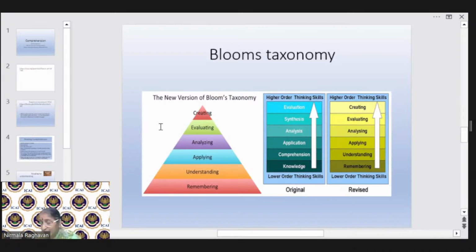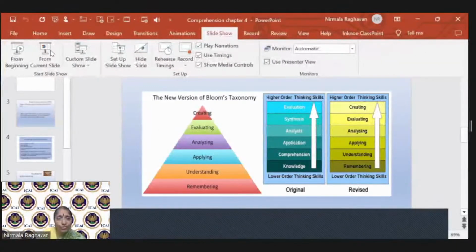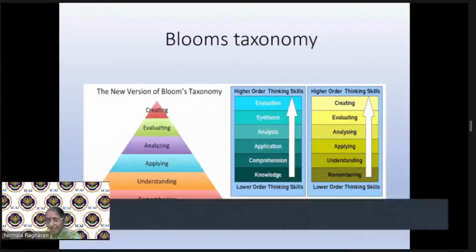WH questions will be only 1 or 2 marks, whereas questions with verbs will have more than 3 marks, and it can range up to 25 marks, and you yourself will understand that based on the way the question is framed, your marks will be allotted. And that makes it important. Therefore, Bloom's taxonomy is given.